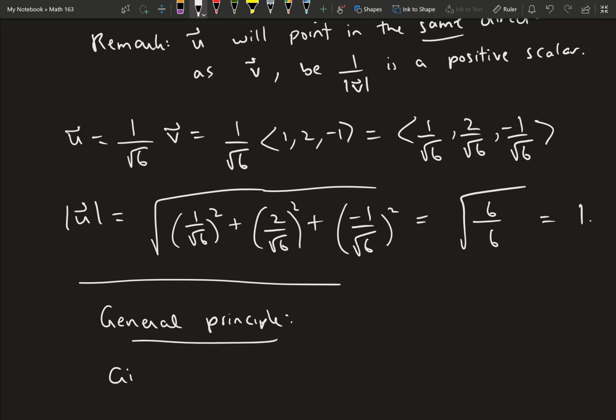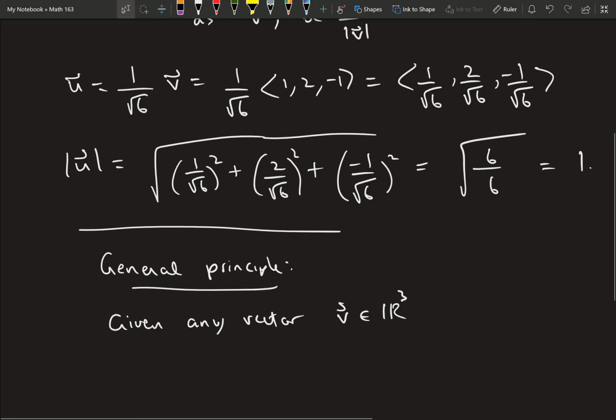So the general principle is that given any vector v in R3, or we can generalize this to any n-dimensional vector space, I guess, but for us we're in R3.